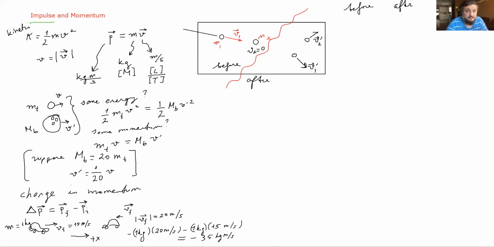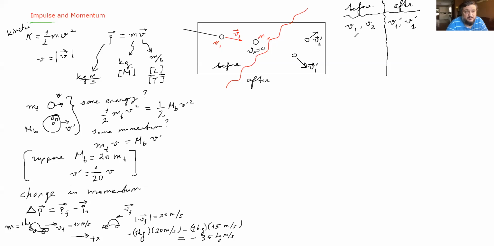So either use V1 and V2, where 1 and 2 mean object 1 and 2, and the after velocities are just the primed ones.